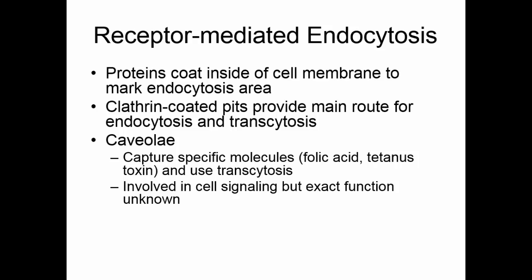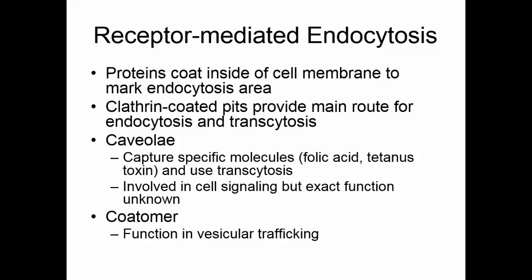We know that caveolae is involved in cell signaling, but we don't know its exact function. And then COPI is a protein that coats vesicles that are going to be used in that vesicular trafficking, moving material around inside the cell. So not only do these proteins mark the area for endocytosis, but they also address the vesicle to where it needs to go in the cell.